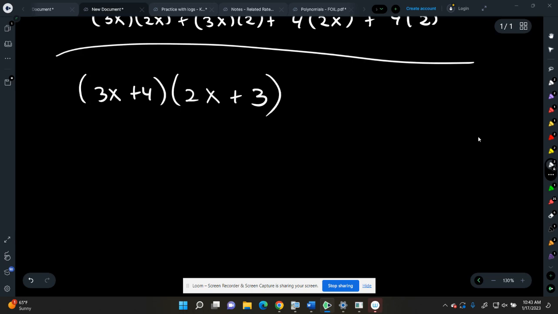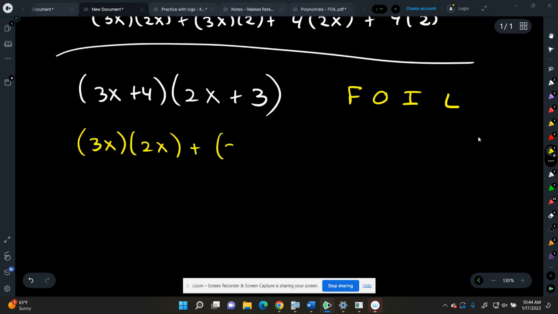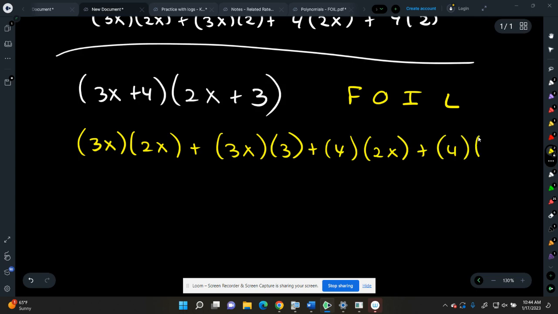All right. So the FOIL method is just a method to help you remember to distribute correctly. So the FOIL method is going to give us 3x times 2x plus 3x times 3 plus 4 times 2x plus 4 times 3.